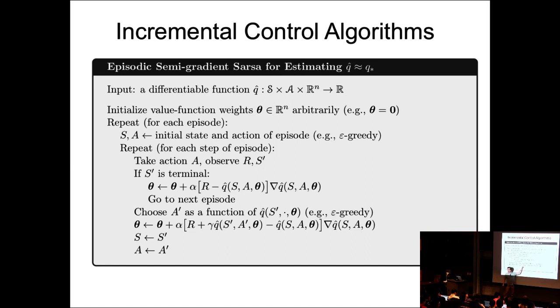So you have this quantity here. It's not like gradient descent in the sense of a supervised learning algorithm. It's more like you're doing gradient descent, but your targets are given by your own estimate. There's no particular reason why it's called semi-gradient, basically.